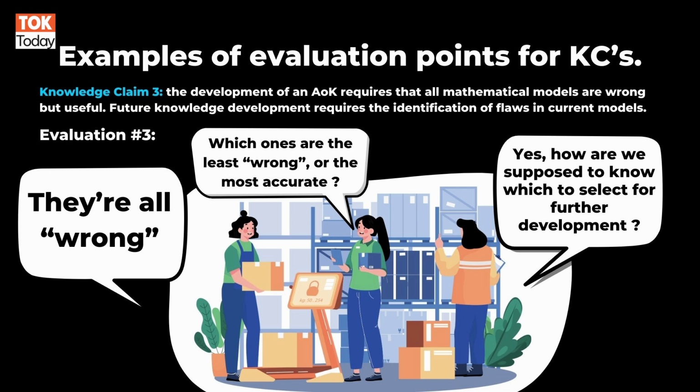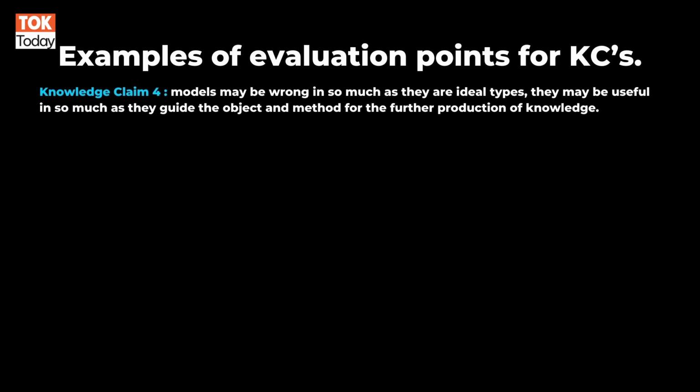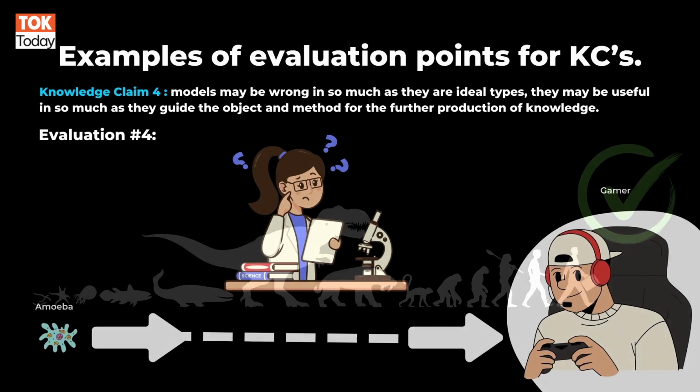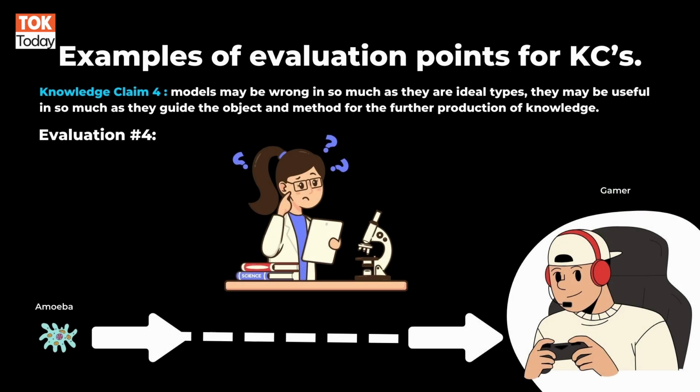Now, knowledge claim 4 was that models may be wrong in so much as they are ideal types, and they may be useful in so much as they guide the object and method for the further production of knowledge. Now, the merit in this knowledge claim is that it describes the role of models in the future development of theoretical knowledge. However, it possibly lacks a real explanation of the link between the ideal type model and the future development of theoretical knowledge.